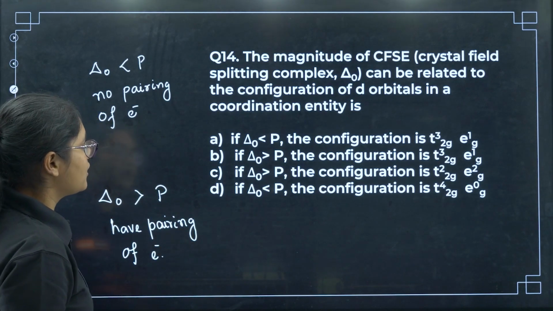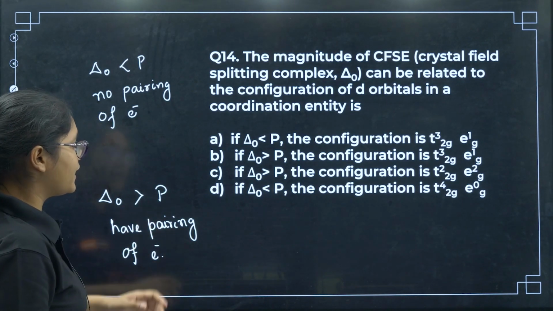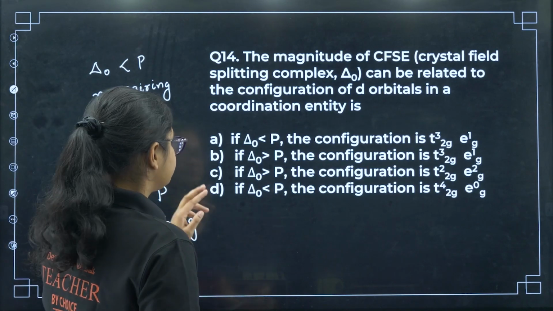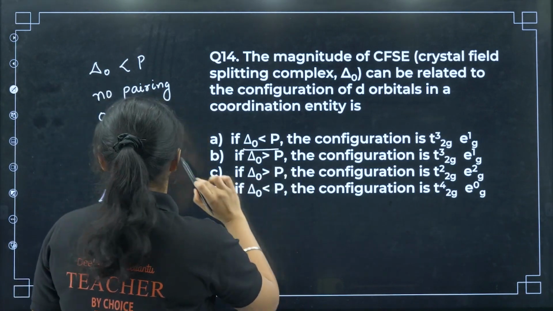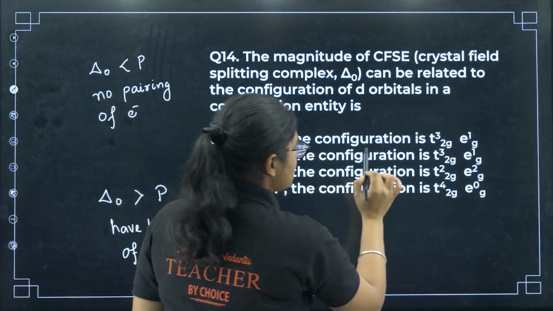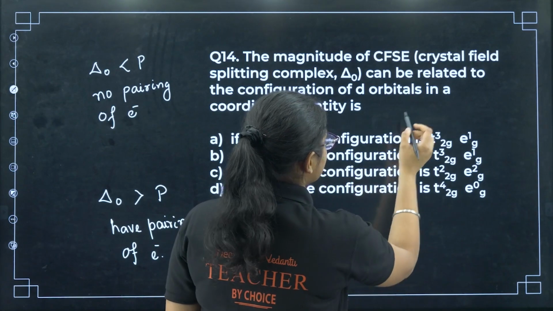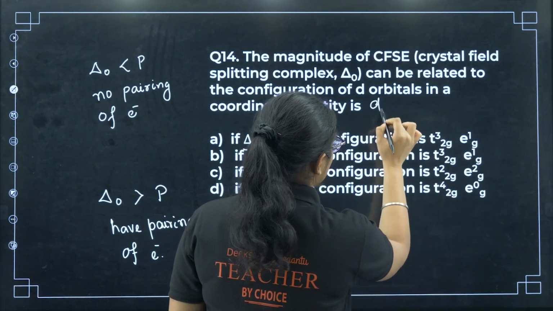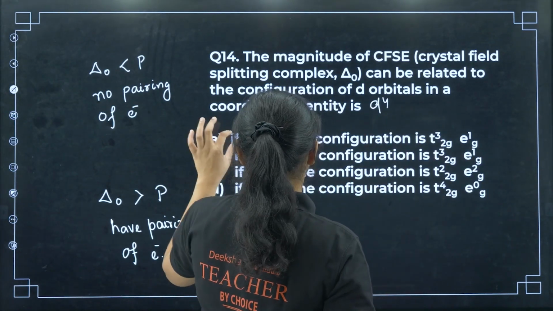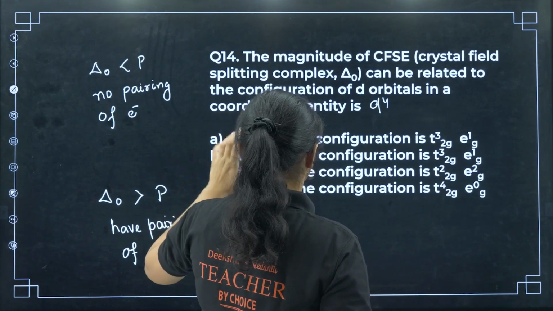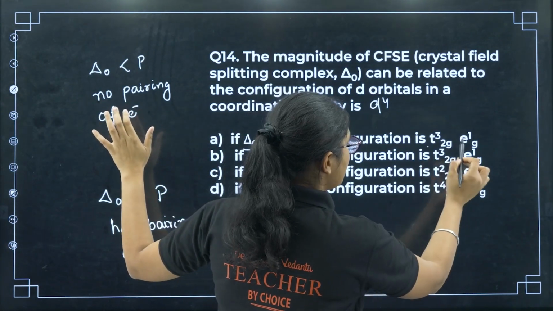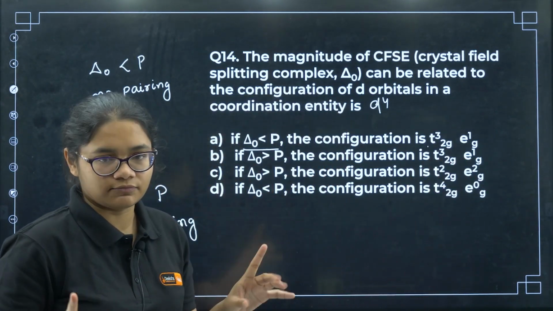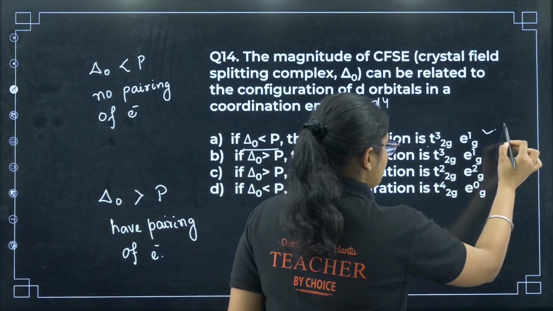Okay, so now if you see, I have this one. If delta O is less than P, means there should be no pairing of electrons. The configuration is asked for d4. So you can see here, if delta O is less than P, then there is no pairing, and we will have t2g3 and eg1. So this is correct.